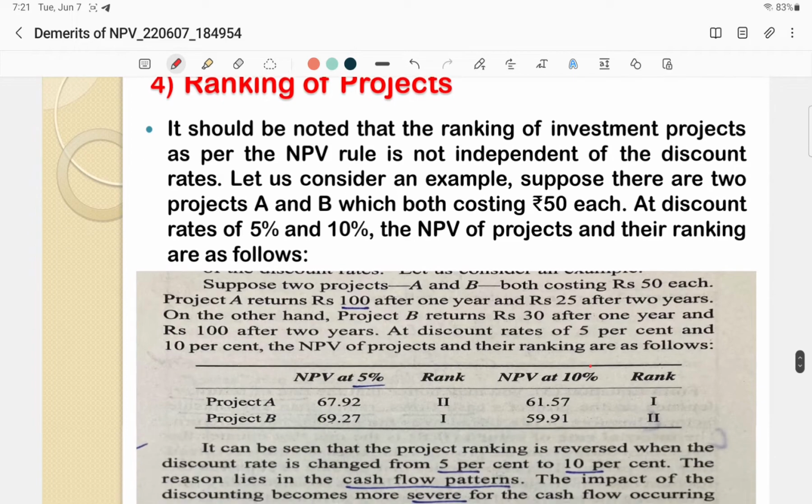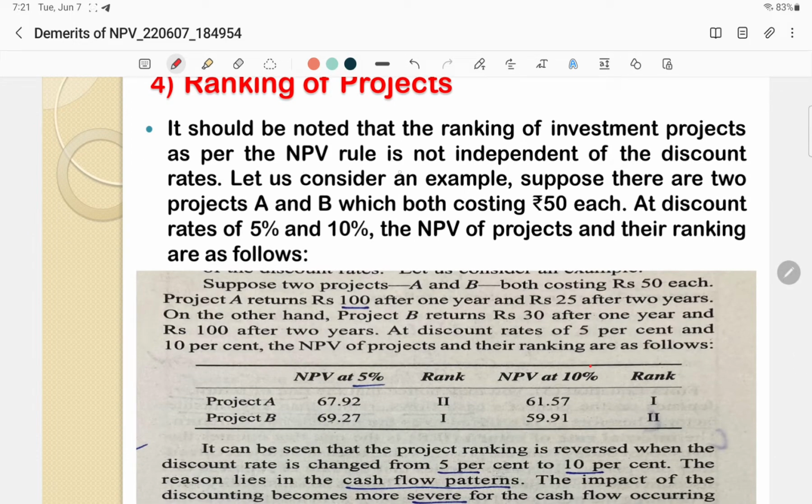Next is the ranking of project. So ranking of proposals as per the NPV rule is not independent of the discount rates. Point is that there is a relationship between NPV and discount rate, and this relationship is negative relationship or inverse relationship. Okay, if discount rate increases like from 5% to 10%, there will be a change in the ranking of the project.